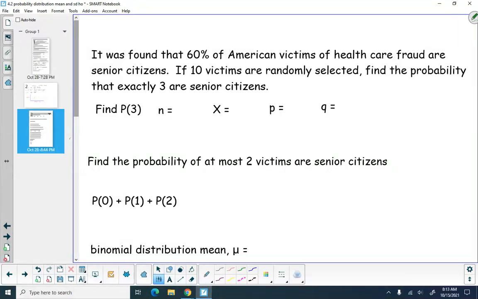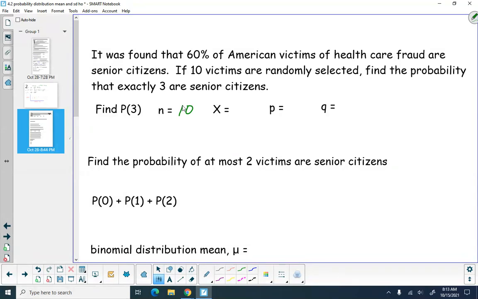So we have 10 victims, we're choosing 10 at random, so our n value is 10. 60% of the victims of healthcare fraud are senior citizens. We want to know the probability of exactly 3.